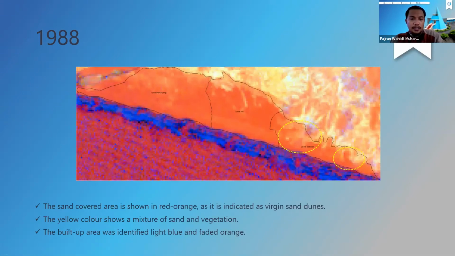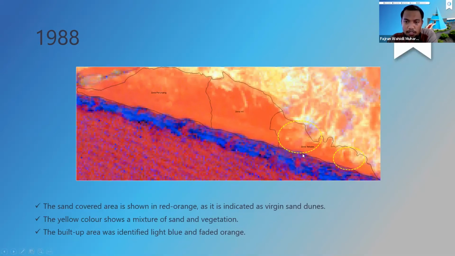In 1988, the sand covered area is shown in red-orange, as it is indicated as virgin sand dunes. The yellow color shows a mixture of sand and vegetation. Here on the right of the sand dunes, we found that the built-up area was identified in light blue and faded orange.